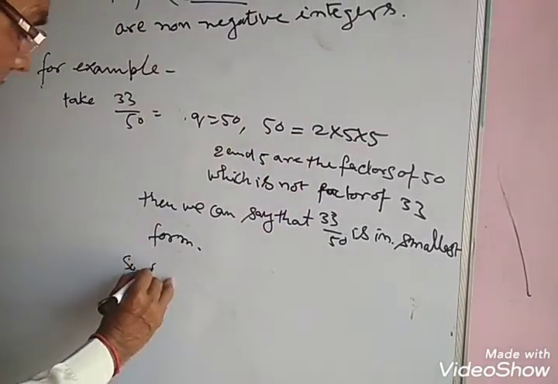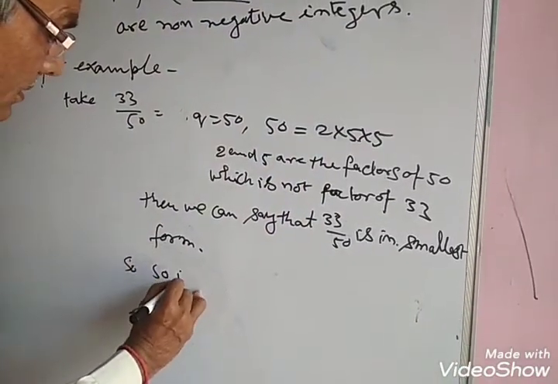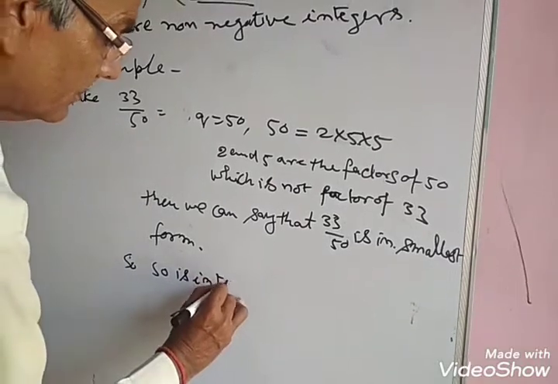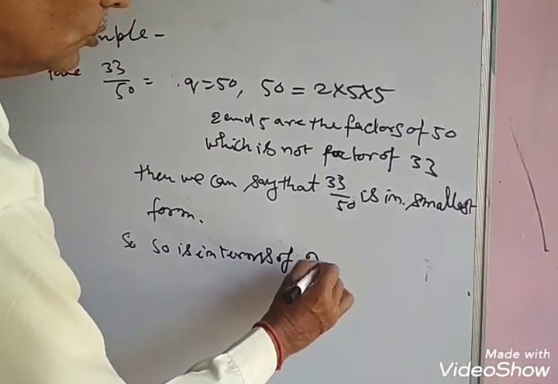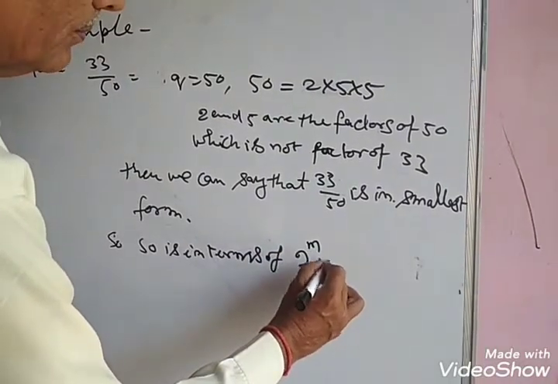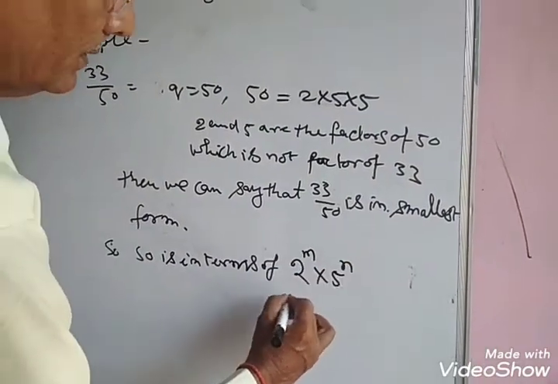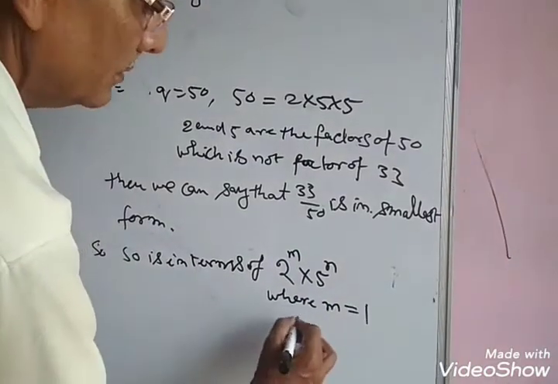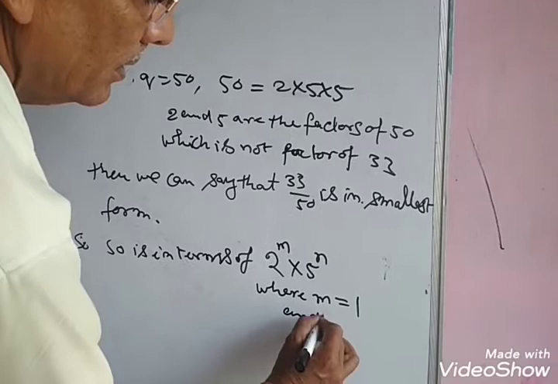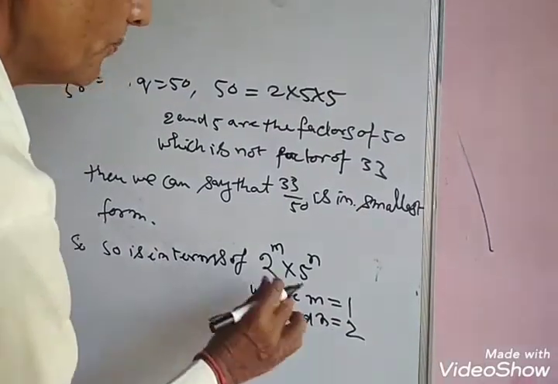So 50 is in terms of 2 to the power m into 5 to the power n, where m is equal to 1 and n is equal to 2.